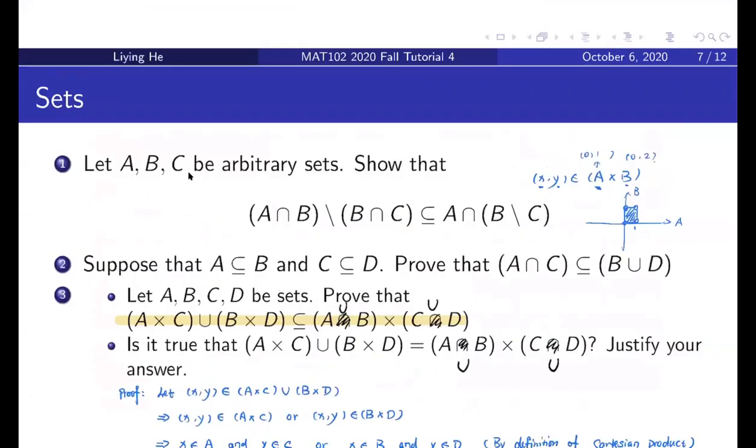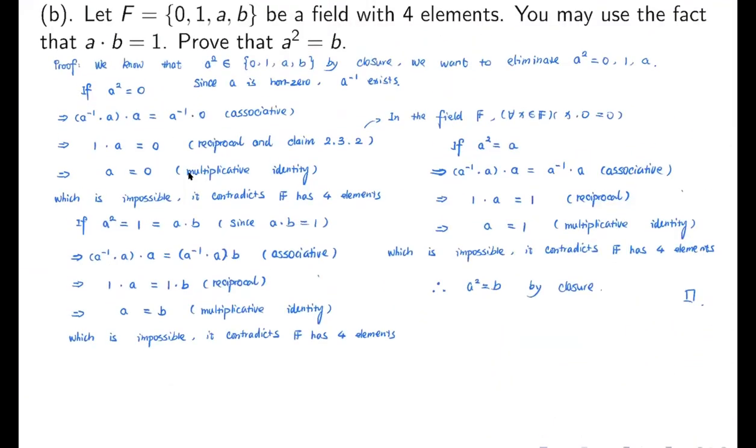For example, especially for field questions, please make sure you write down whatever field axiom you used. This is really important. You only need the final proof, but your final proof should include the justification. Why did you do that?